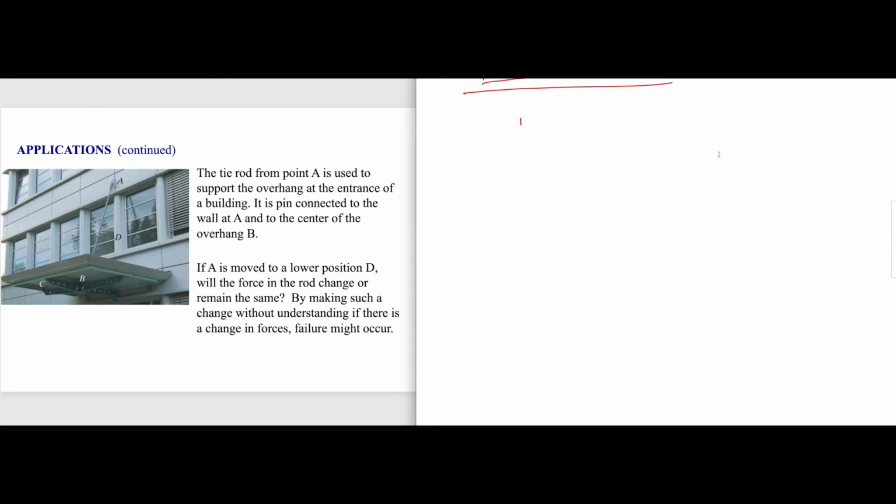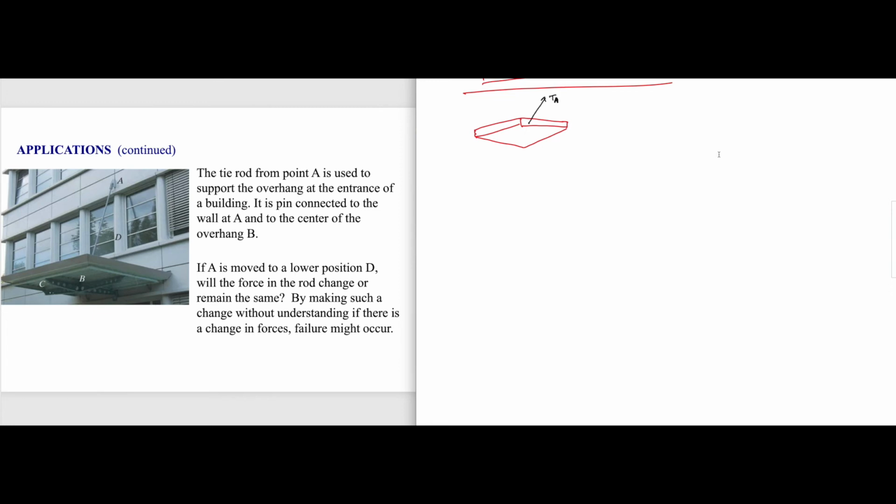So we have the slab. Now we have a rope going from B to A. Let us represent the rope with tension TA.